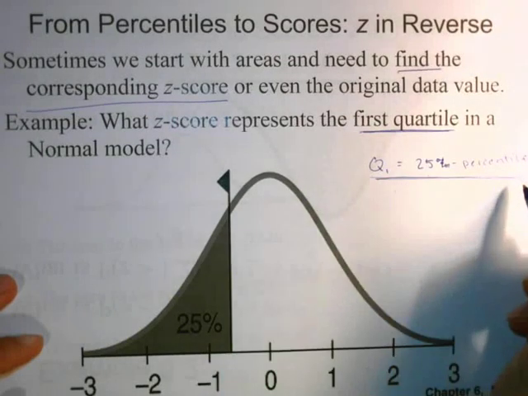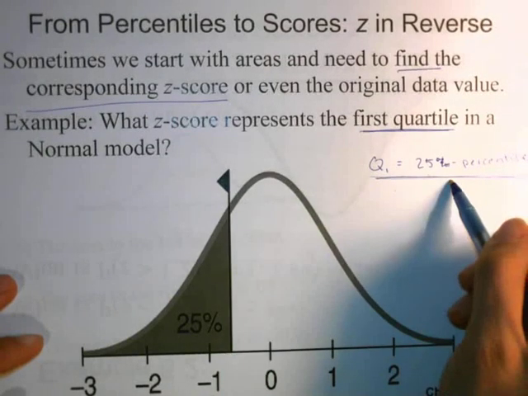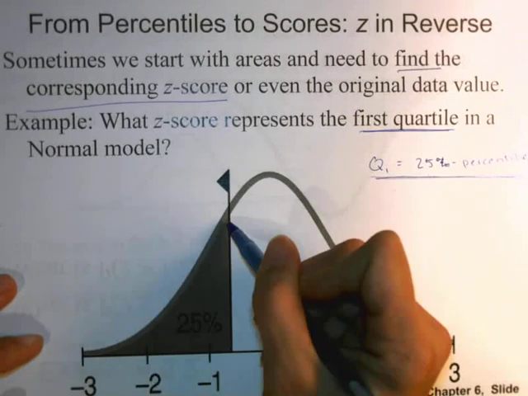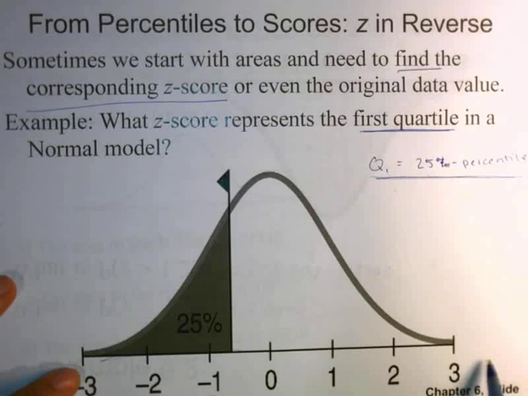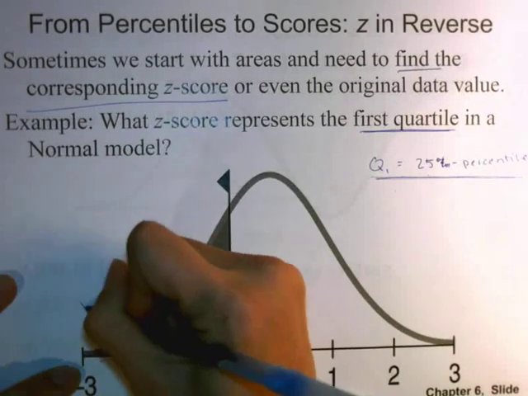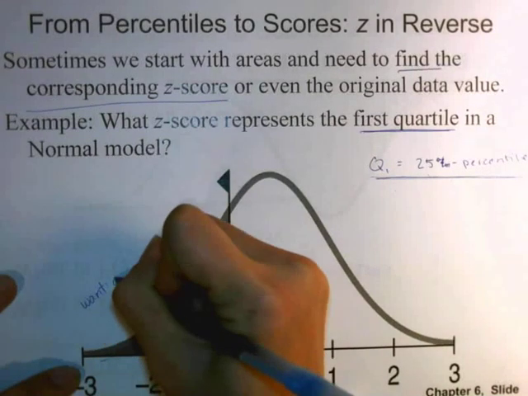So what z value on here makes it so that if we shade the area to the left of the curve, we get that the area under the curve is 0.25?